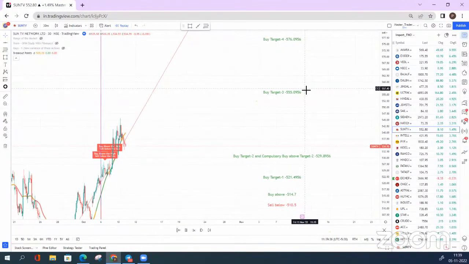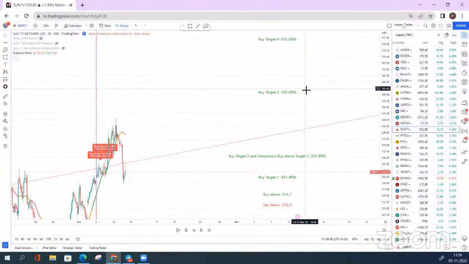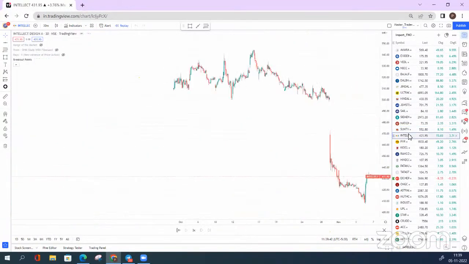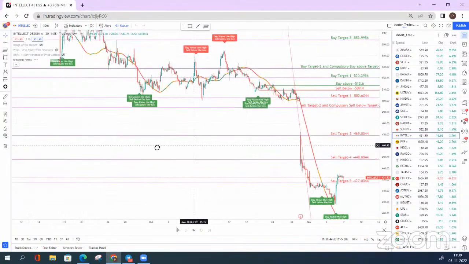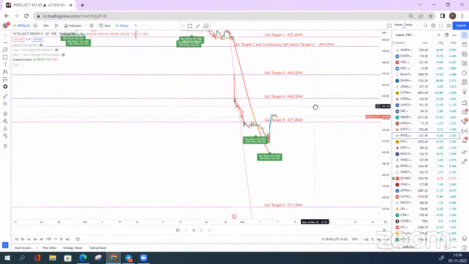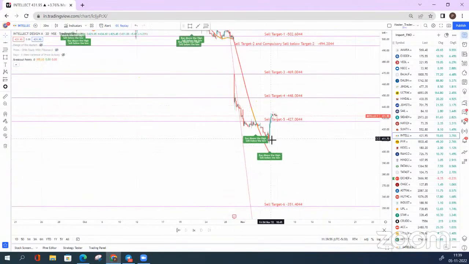It will be on 555 for sure. Okay, so that's the way you work, right? See, Intellect, selling below this level, compulsory sell below target 2, target 3 met, target 4 met, target 5 met. And only now it's giving a buy for Intellect.